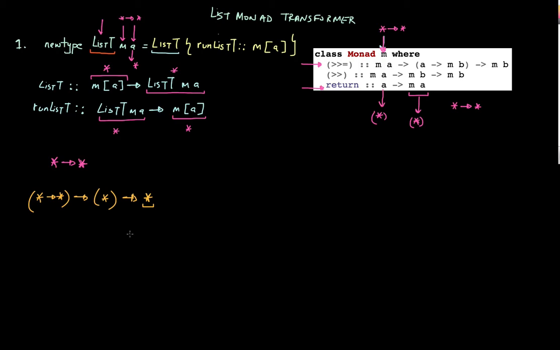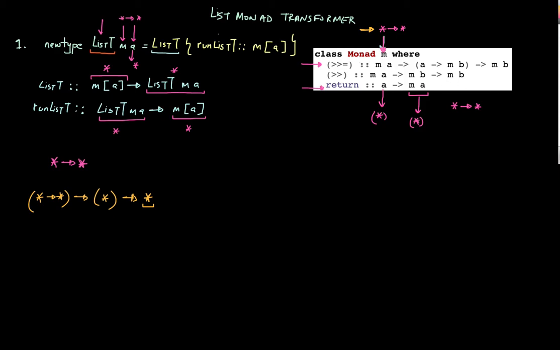Okay, so if I would like to make an instance of the type class monad, what's important here is that I obey this kind signature. I must not deviate from that kind signature. So what I need to do is, given this kind signature for the list T, I need to partially apply it and keep on applying it to the point where I can exactly match the kind signature for M in the monad's type class.